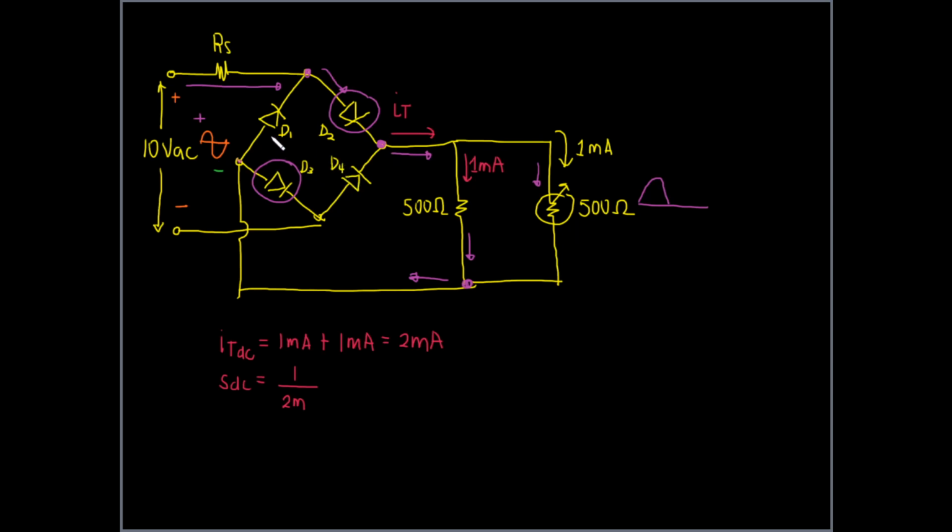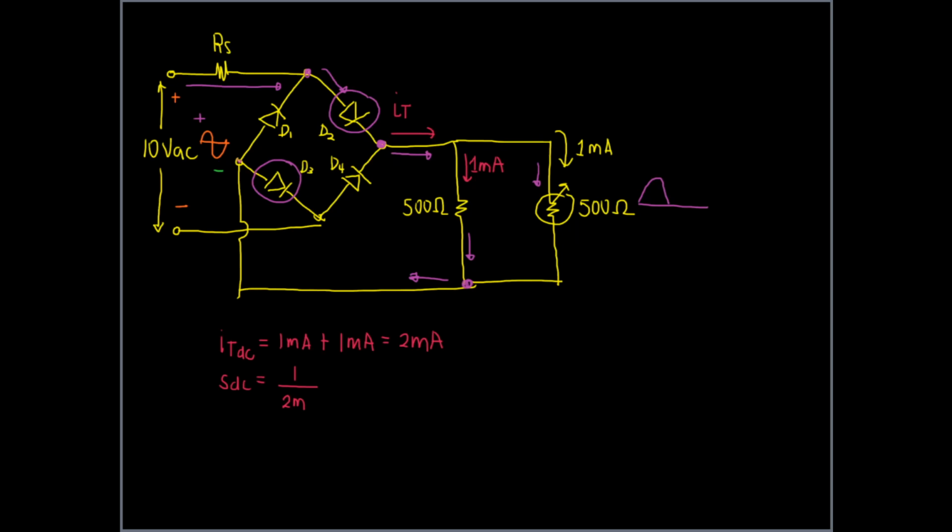For the positive alternation, current passed through diodes 2 and 3. So you have a resistance Rs in series with the forward biased resistance of D2, in series with the parallel combination of 500 to 500, going back in series to the forward biased resistance of D3, going negative.